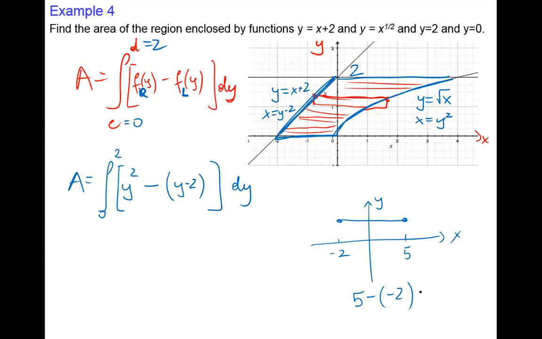And as we can see, this is, of course, 7. But mathematically, we have to do this: the right value minus the left one. The right function minus the left one. That means this is another way to get it, maybe a little bit faster sometimes. But please remember, you can still apply the old method. I just wanted to point out that this method also exists.